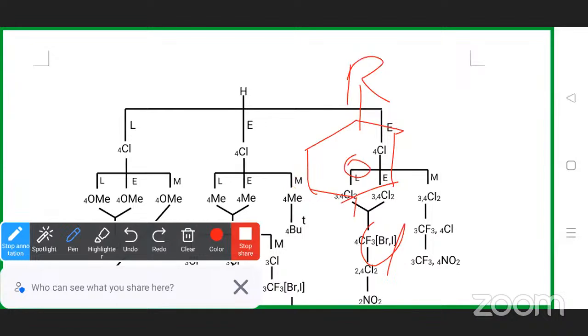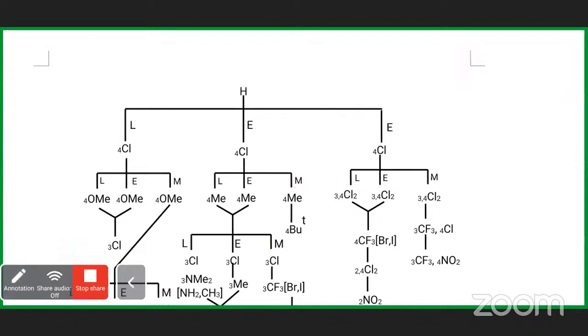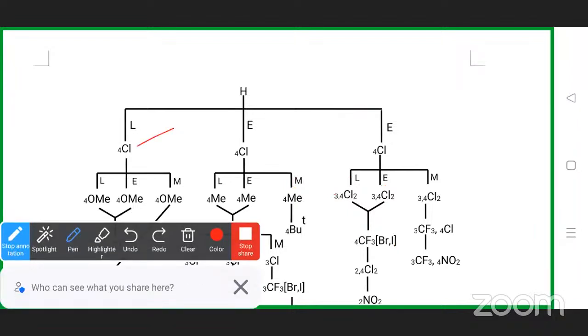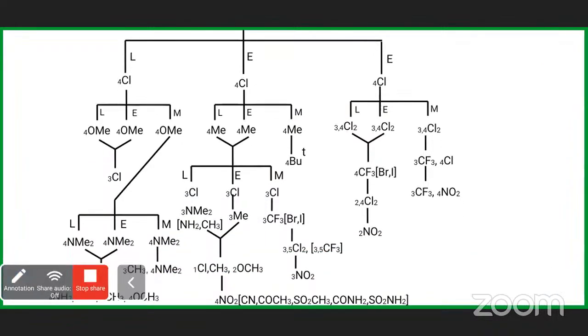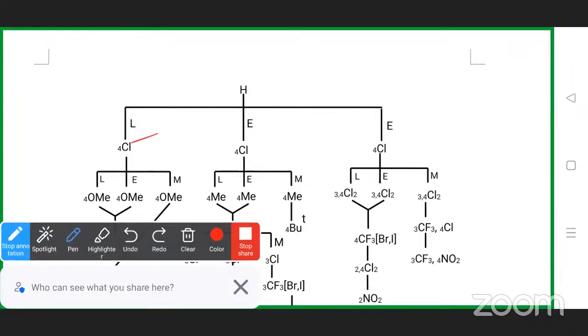One is low activity, another is equal activity, and another is more activity. Oh, sorry: low activity, more activity, and equal activity. These 3 points you will observe.